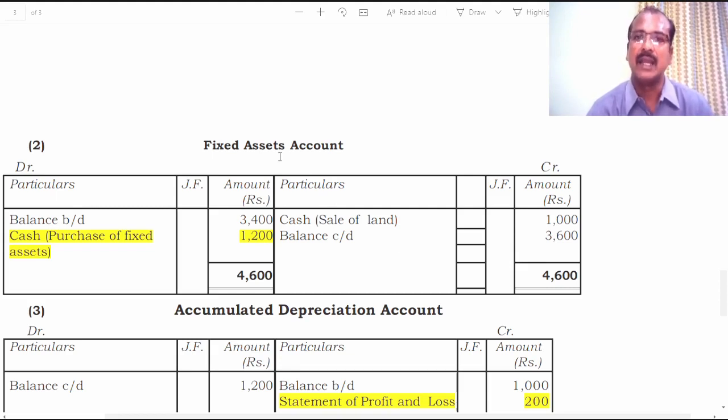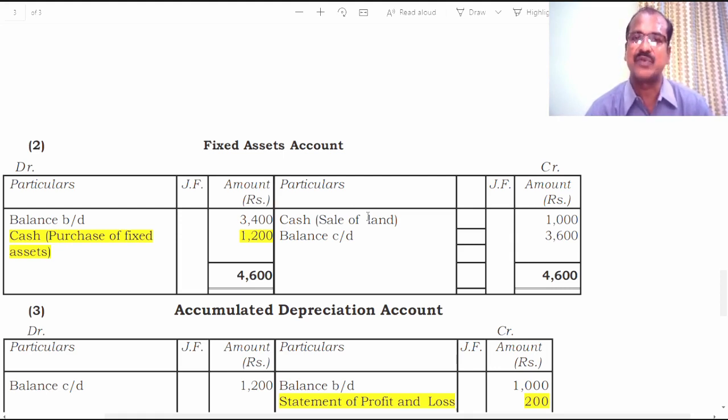Conceptually speaking, land has to be kept separately. When you maintain provision for depreciation on a fixed asset, it has to be separated from the total value of non-current assets in the problem. So here there is a small conceptual mistake according to my understanding. However, it doesn't affect the way you solve the problem, and that is why I am also taking you through this. Please try to understand that.